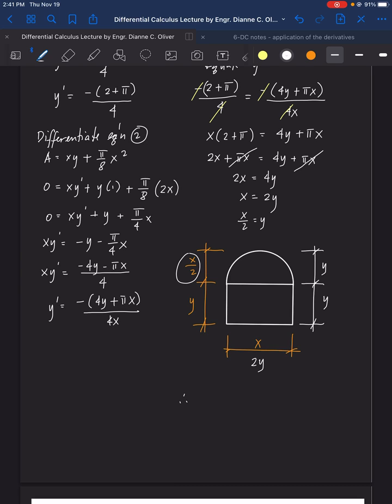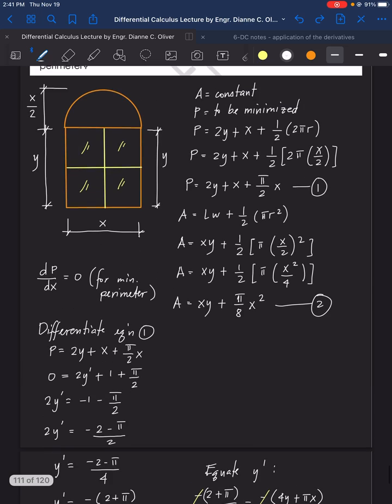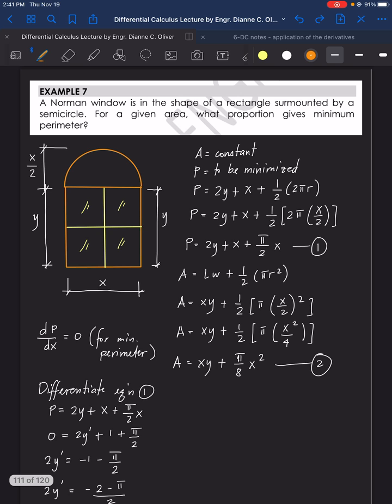Therefore, height of the normal window is equal to width. That is, if we do this proportion in building a normal window, then it gives the minimum perimeter. Okay, so that is for example number 7.